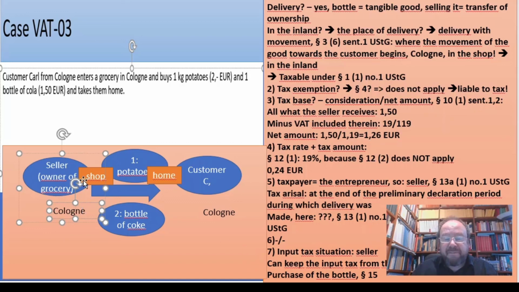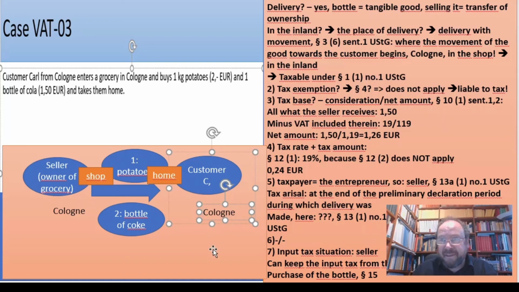Because where people live and where the delivery starts is not always the same. Where people live and where the delivery ends is also not always the same. So noting down these things at different places trains your brain to keep these things apart.